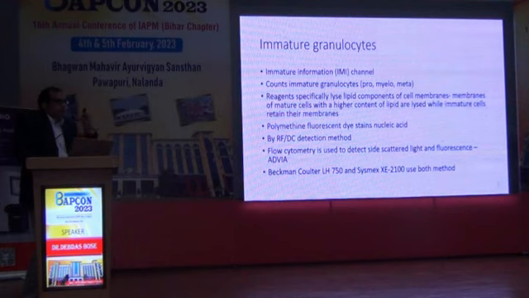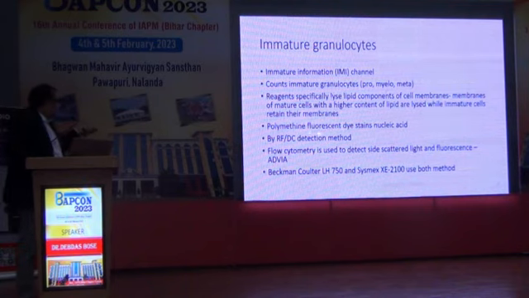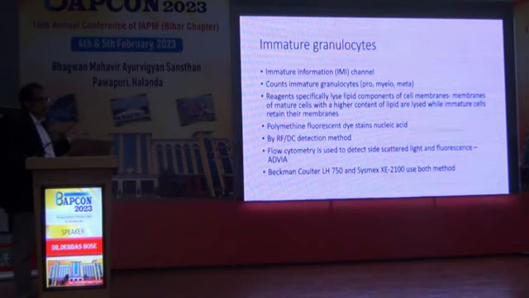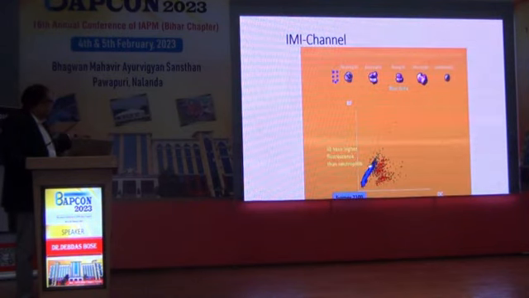So the neutrophils lyse, but the immature granulocytes resist lysis. Based on this, the polymethine dye stains the nuclear material, the nucleic acid, and by radio frequency or flow cytometry the machine counts the immature granulocytes. Usually the ADVIA machine is based on flow cytometry, and Beckman Coulter and Sysmex are based on both radio frequency and flow cytometry. Okay, this is the IMI channel, the immature channel.